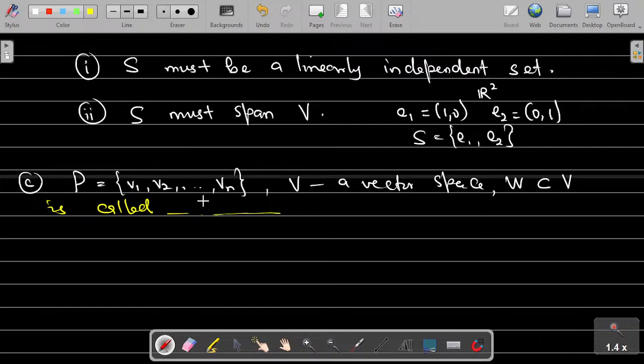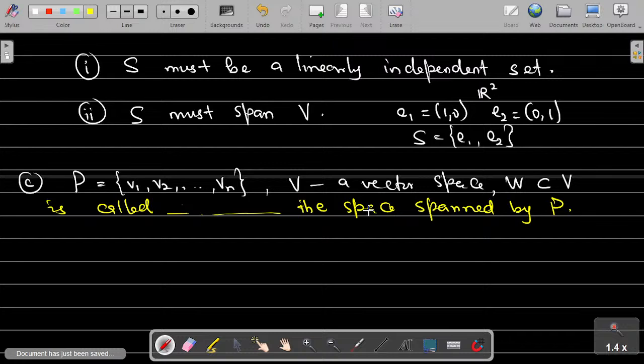So this W is called the space spanned by this particular P, or you can say spanned by V1, V2 up to Vn, but you can simply say spanned by P. In other words, since W is a subspace of V and your P is a set of vectors in V, W is defined as consisting of all linear combinations of P. Do you get that?